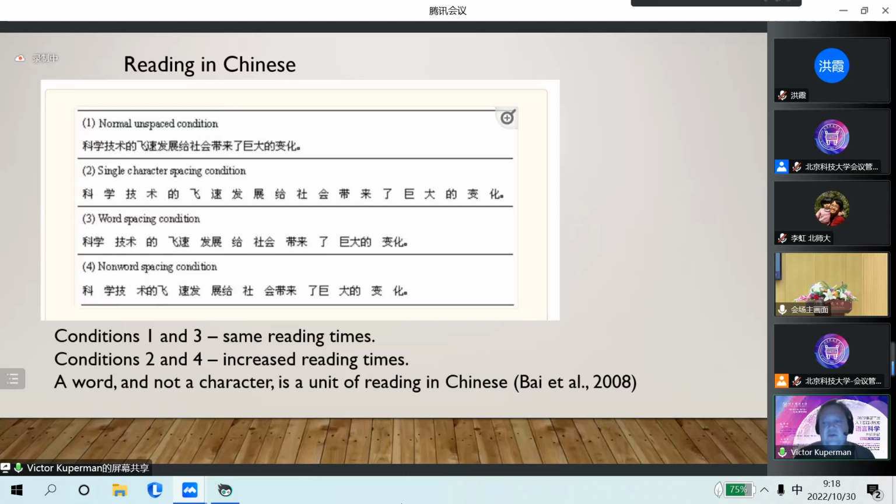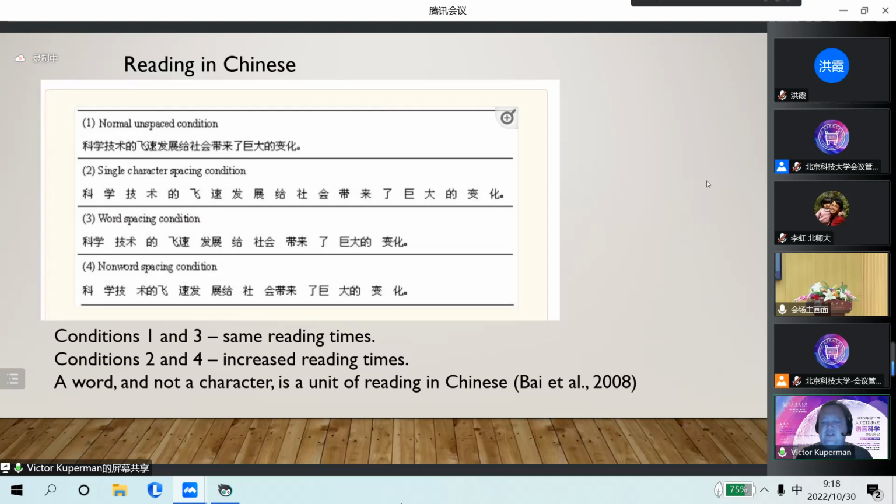And so the question arises, how do proficient readers of Chinese find the boundaries between words? And what happens if the words are artificially separated by spaces? Would this help reading Chinese, or would it be detrimental because of how unfamiliar it is, and so on.